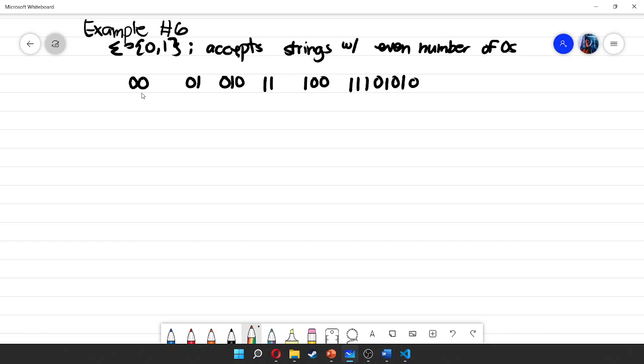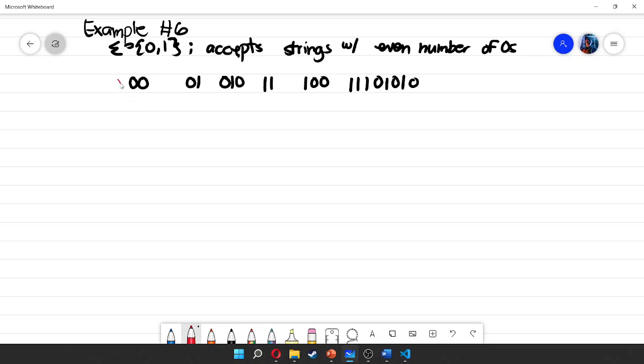Kani, sa first nga string, pila ka buka zero inyong nakita? Duha, sir. So, is 2 an even number? Yes, sir. So, is 0, 0 accepted or rejected? Accepted, sir. Okay, accepted.